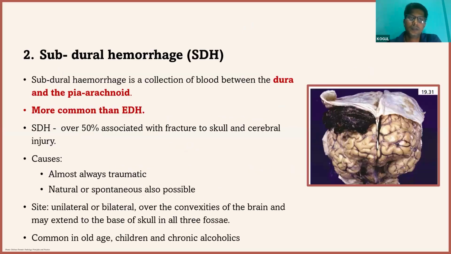Then the second topic, subdural hemorrhages. Subdural hemorrhage is a collection of blood under the dural surface, over the subarachnoid layer. So under the dural layer.